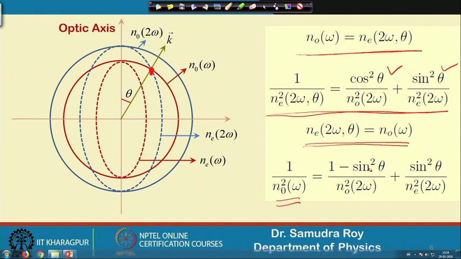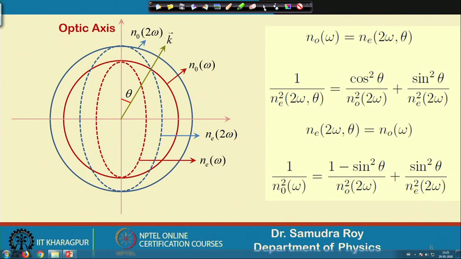Our goal here is to find out the theta angle for which I can get this angle. So, when I replace this cos with sin, then we have 1 minus sin squared theta, this sin is already there, this quantity we know, this quantity we know, this angle I want to find out, but my phase matching condition suggests that this is equal to n_o. So, I just replace n_o.